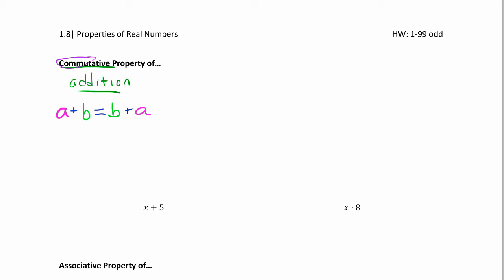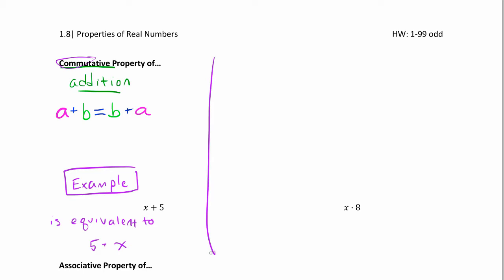Here's a little example: x plus 5 is exactly equivalent to 5 plus x, and that is by the commutative property of addition.